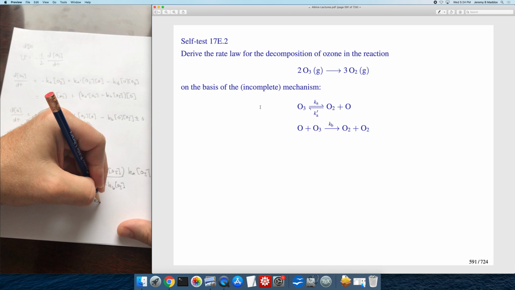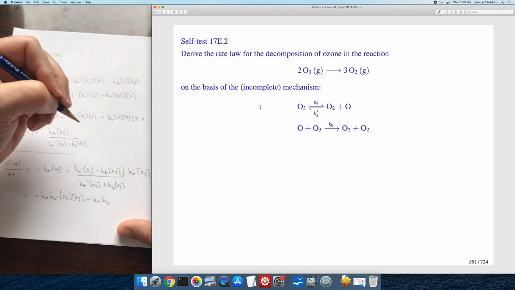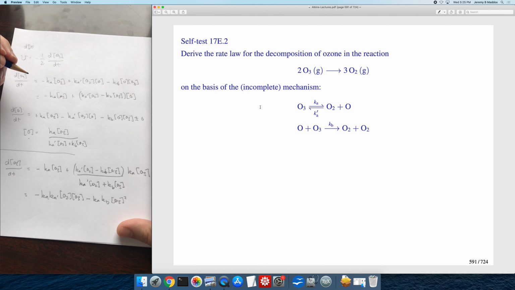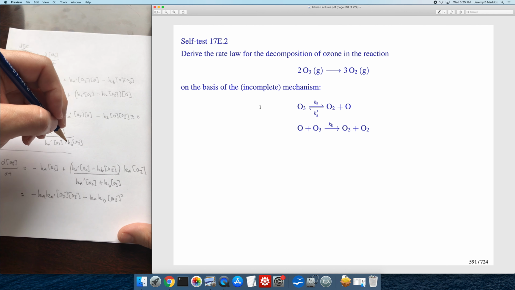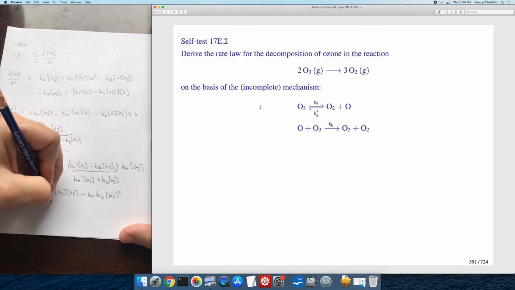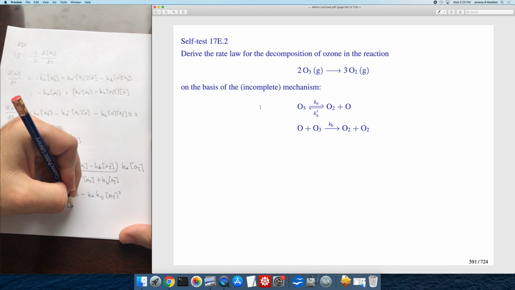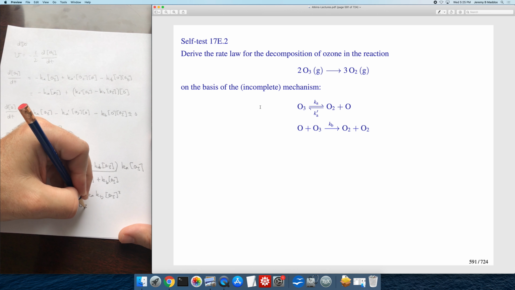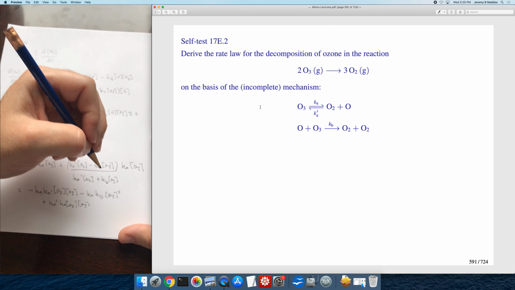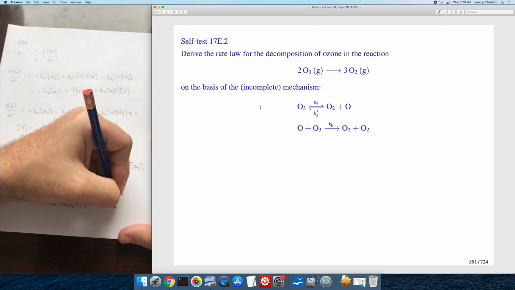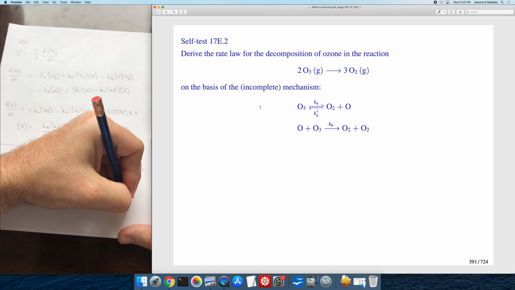minus Ka Kb O3 squared, and then I'm going to be continuing that numerator, plus Ka prime Ka O2, and that'll be O3 minus Ka Kb O3 squared.